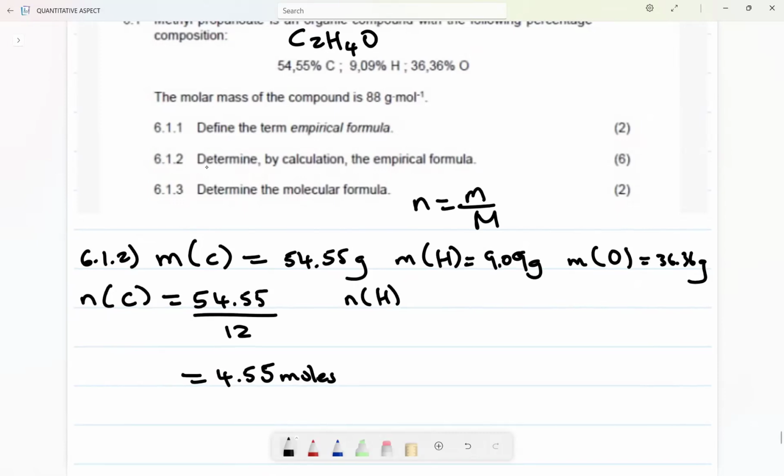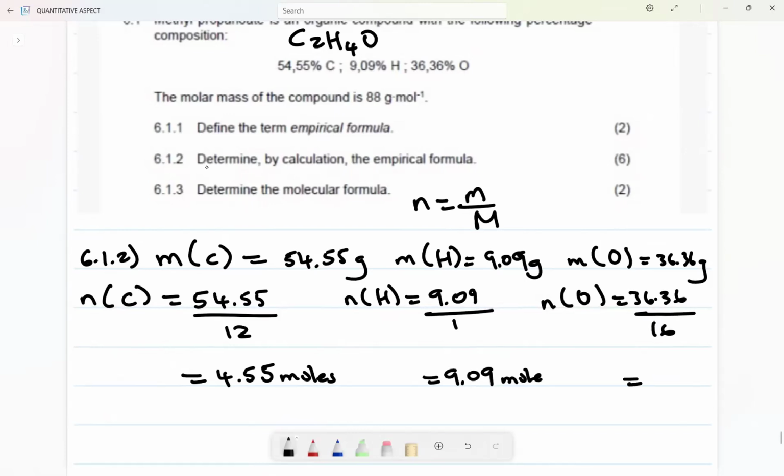Number of moles of hydrogen is 9.09 divided by 1, which is just 9.09 moles. Number of moles of oxygen is 36.36 divided by 16, which gives something like 2.27 moles.